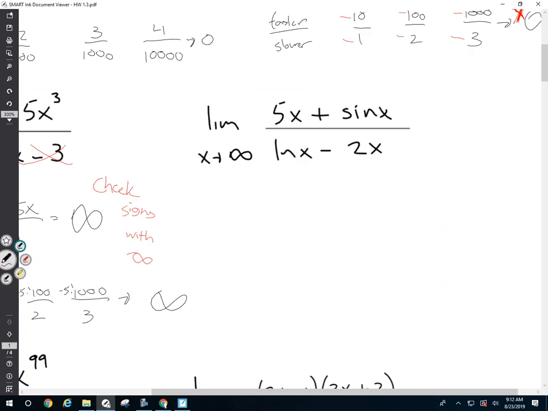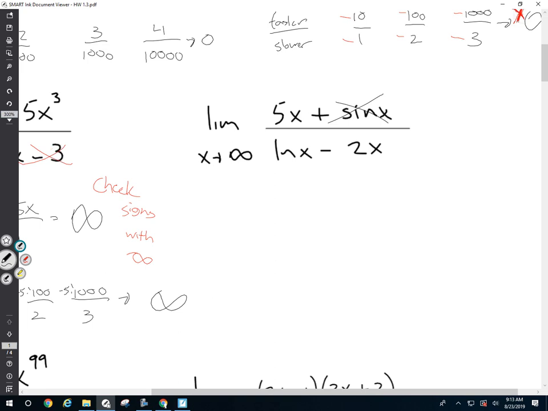Okay. Remember, sine x is a no-growth function. It's one of our slowest growing functions. It grows slower than x. It grows slower than the square root of x. It is no growth, so in this situation, I can ignore it. Log x, one of the slowest growing functions. It grows exponentially slowly.